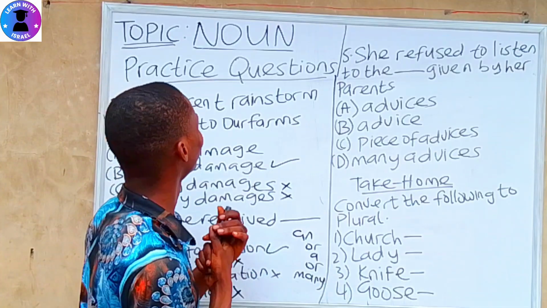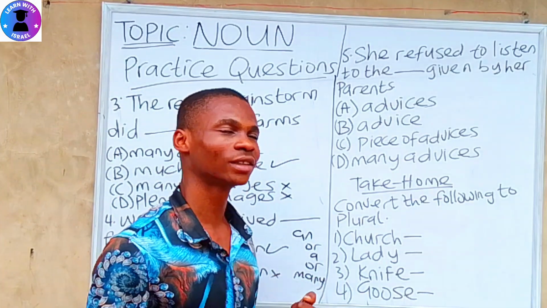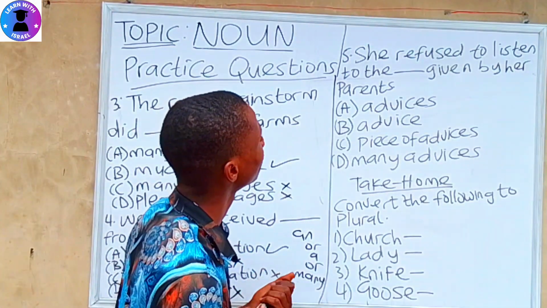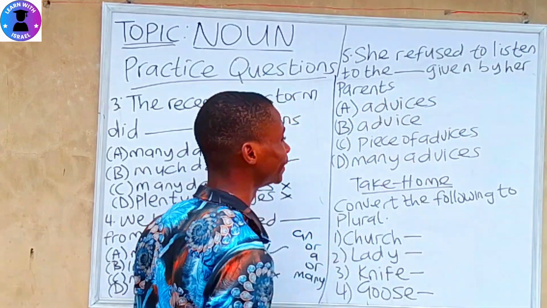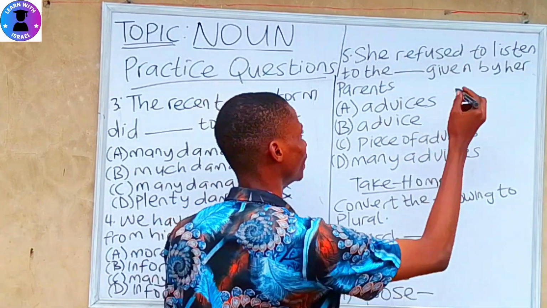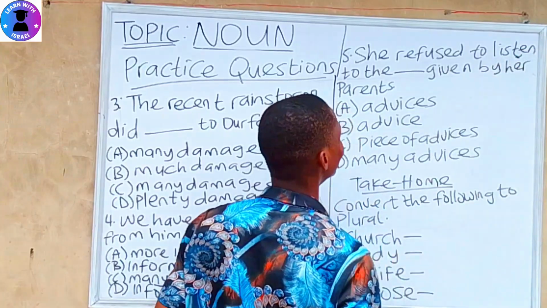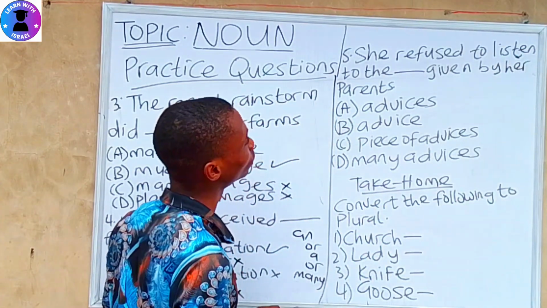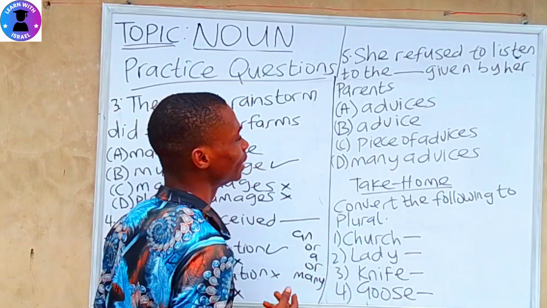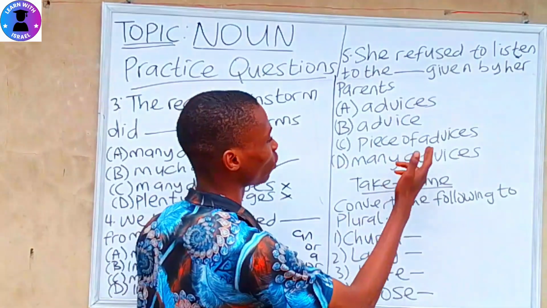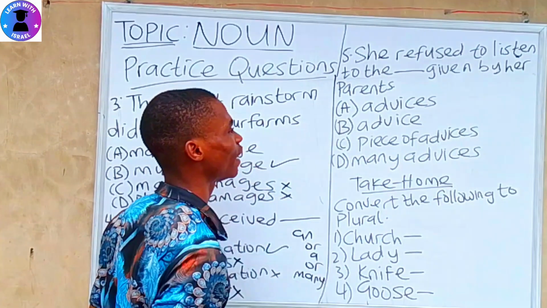Question 5, which is the last question for today. She refused to listen, the T here is silent, to the blank given by her parents. A. Advices. B. Advice. C. Piece of advices. D. Many advices.